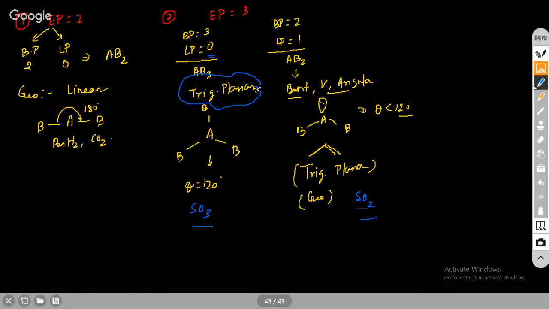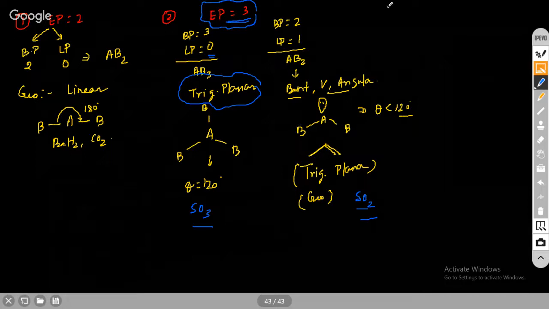Understood? So the point here is, if the molecules have the same number of electron pairs, then their geometry will be same. Shape will be different according to the number of lone pairs present. Fine. Why is it different? Because of the lone pair-bond pair repulsion.